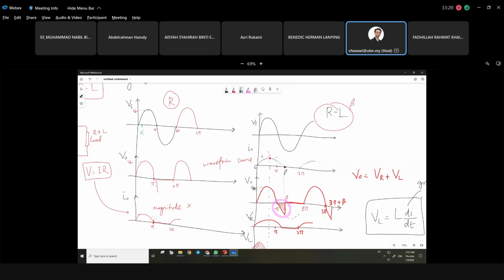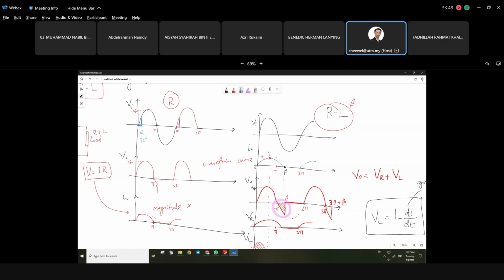If the alpha is 0, it will behave exactly as what we have drawn here. But if alpha is not 0, it's some angle, for example, 30 degree, right? So it will start at 30 degree. So the line will be starting from 30 degree. What happens from 0 to 30 degree? It becomes 0. Here also it will start from 30 degree apart from 2 pi plus 30 degree.